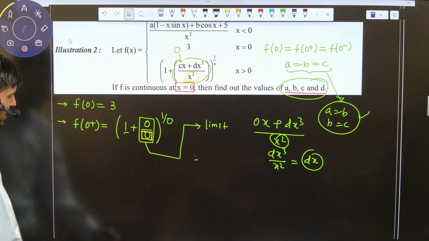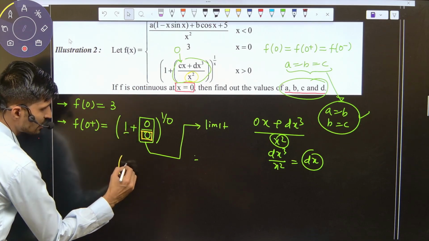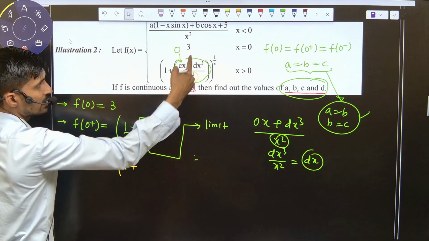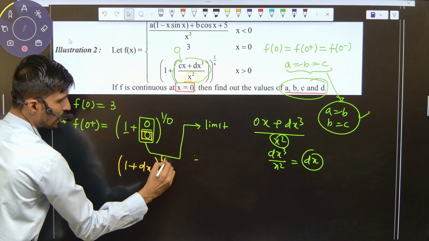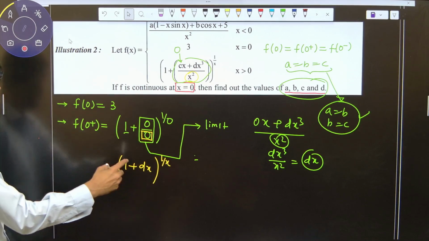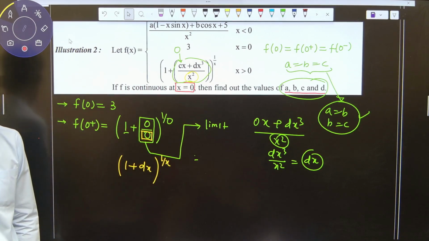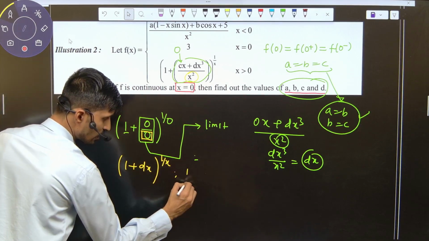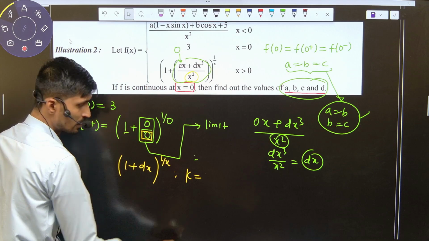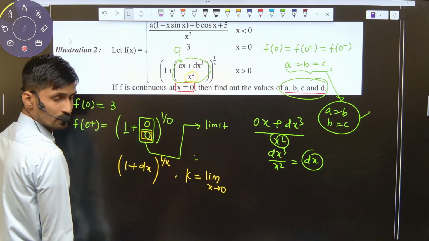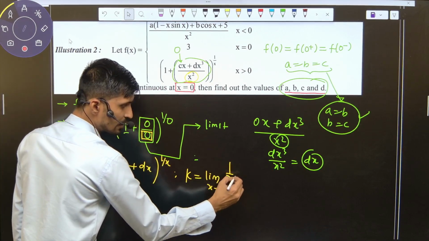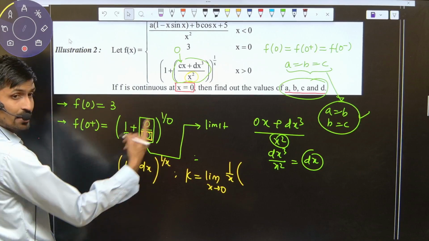Yes? So when that becomes C is 0, our function will change to 1 plus Dx raised to 1 by x. And this is 1 raised to infinity. Do you remember how to solve 1 raised to infinity? For 1 raised to infinity, k is equal to limit x tends to 0 of 1 by x into f(x) minus 1.